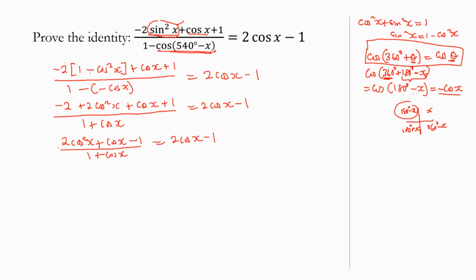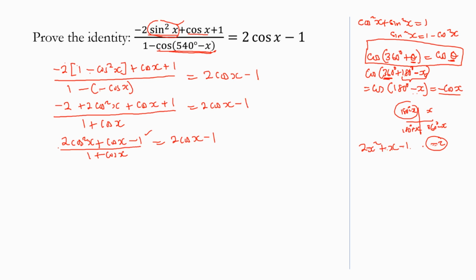Okay, so we can factorize this. Sometimes you can make it more algebraic. Let's make cos x be x. So it's like 2x squared plus x minus 1, I mean the numerator. We can factorize this. 2 times negative 1 is negative 2. We look for the factors of negative 2 that can give us positive 1.